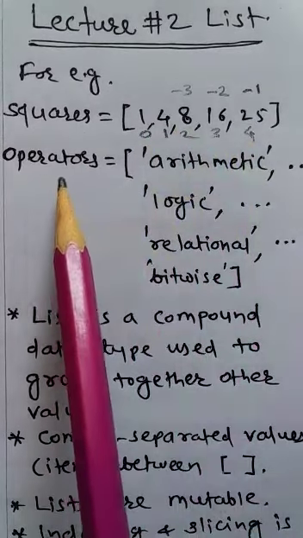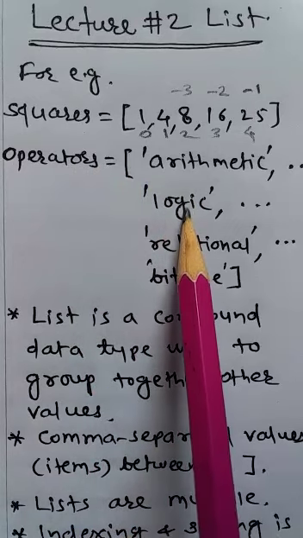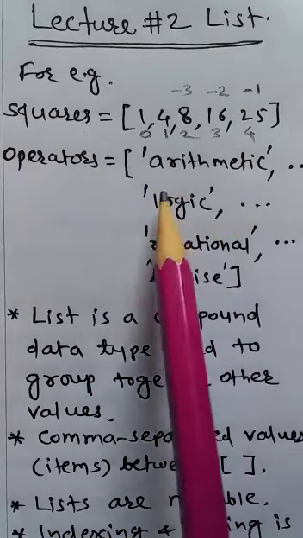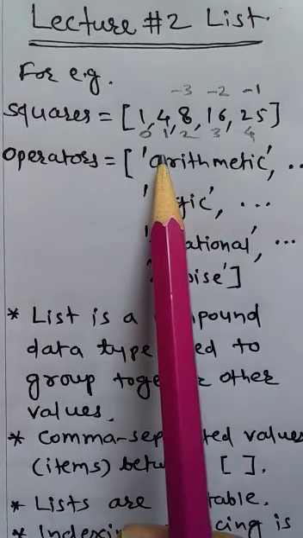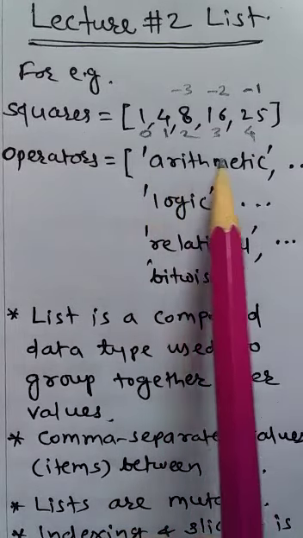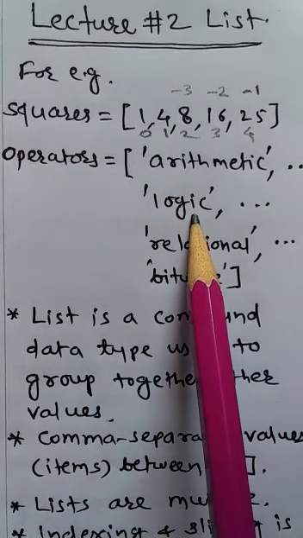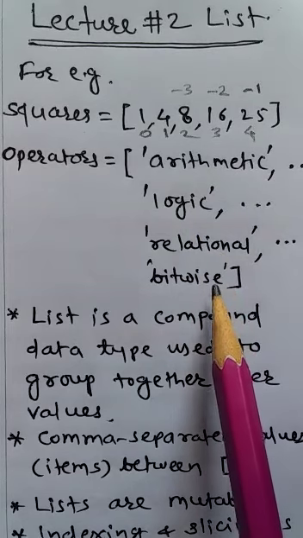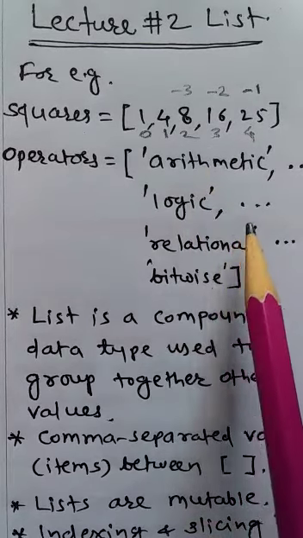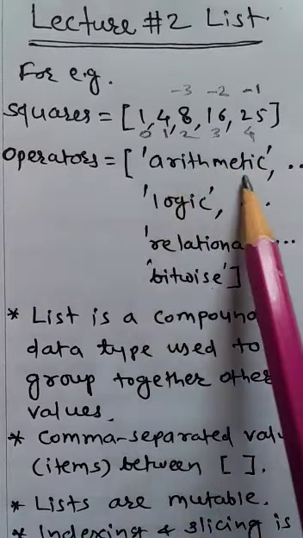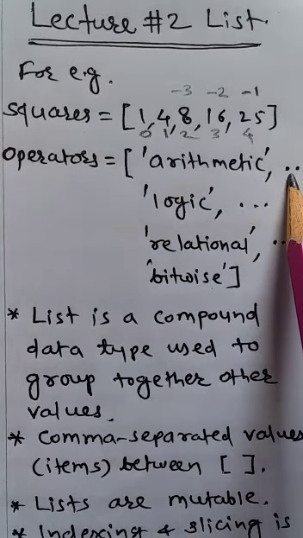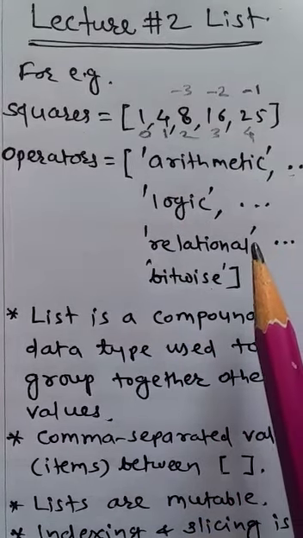Now we will see another list, which is a list of strings. Here the first element is arithmetic, the second one is logic, relational, bitwise. Due to space, after writing the first element, I put 3 dots. What do these 3 dots indicate?